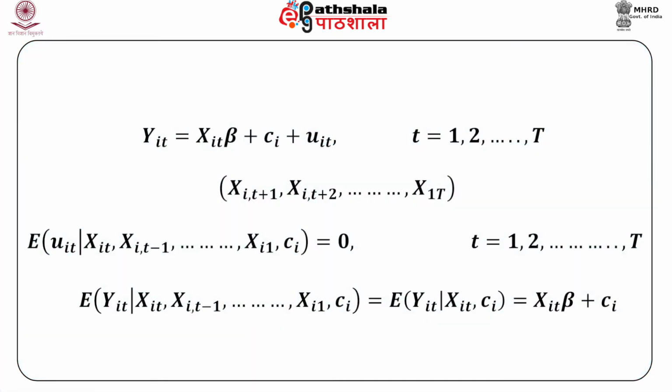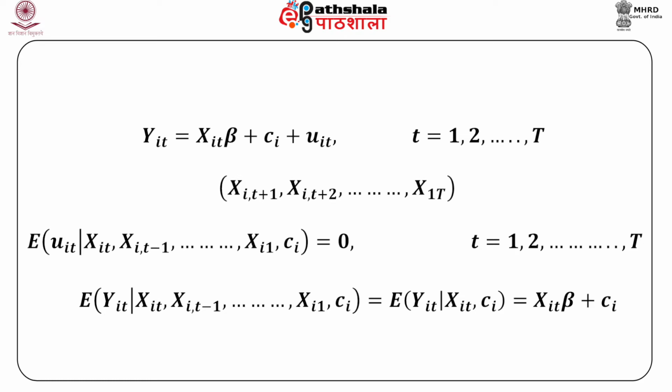The model can be written as Y_it equals X_it beta plus C_i plus U_it, where t takes the values from 1, 2 up to capital T. This is our equation 1.